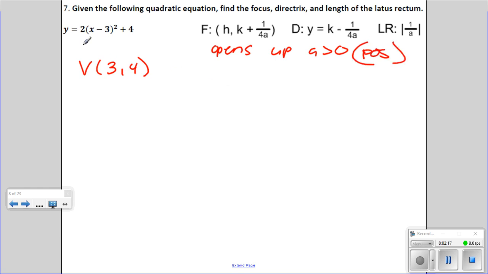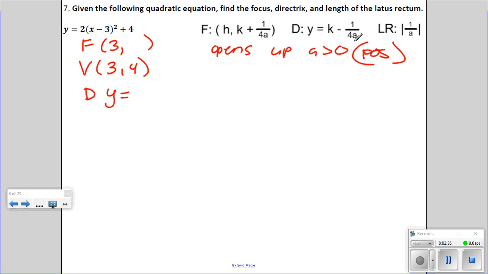So that means it's a case of focus, vertex, directrix. Our focus is going to be 3 something. Our directrix is going to be y equals something. It's always got to be y equals.